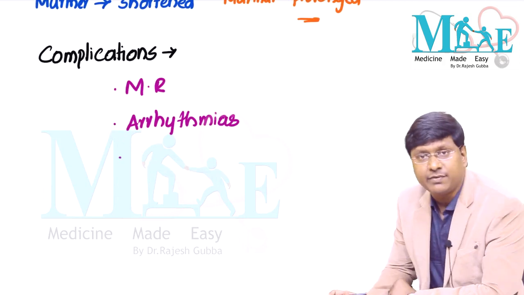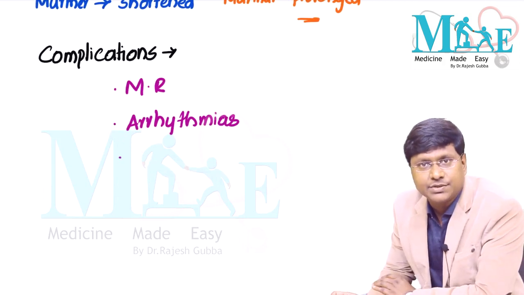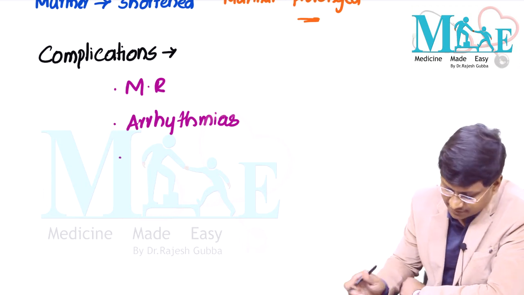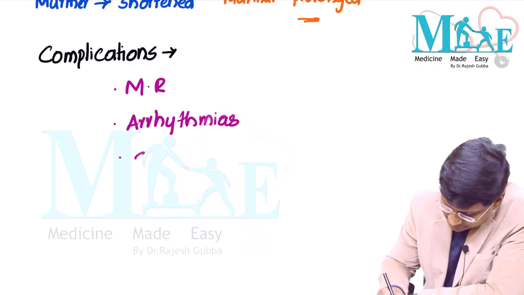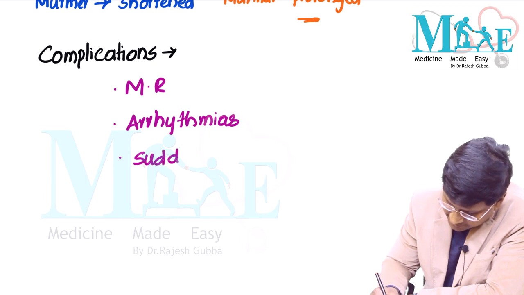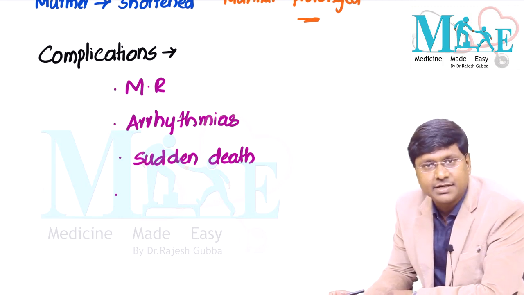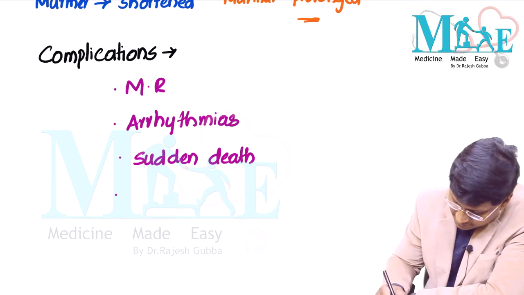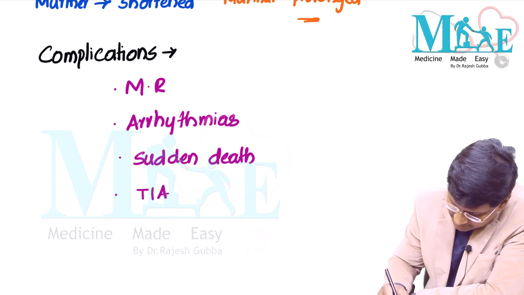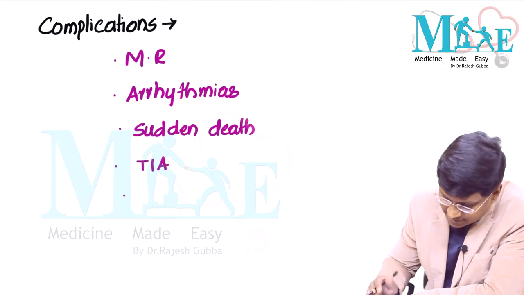If more than 3 ventricular premature beats occur continuously, then we can use the word arrhythmia. Now, these individuals can have sudden death. Why do you think they have sudden death? Because if the individual develops ventricular arrhythmia, they can have sudden death. Next, they can have transient ischemic attack. I have explained why they can have transient ischemic attack.